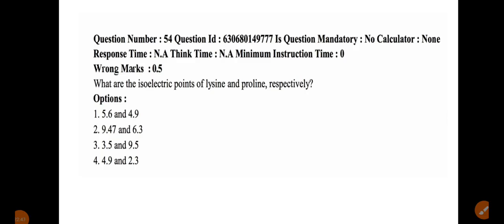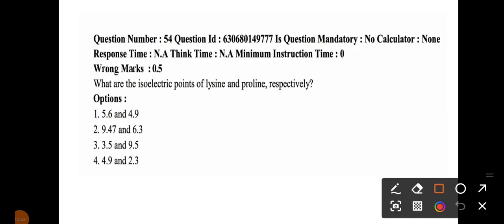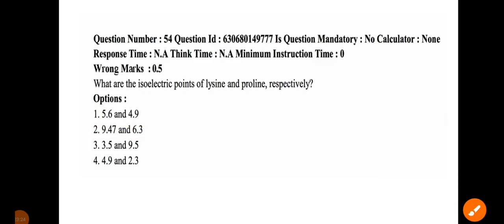If you do not know the isoelectric pH of the specific amino acid, logically, lysine is a basic amino acid, so its isoelectric point is within the basic pH range. The answer is 9.47 and 6.3, the isoelectric pH of lysine and proline respectively, right?